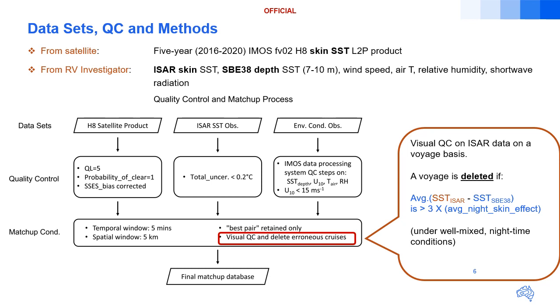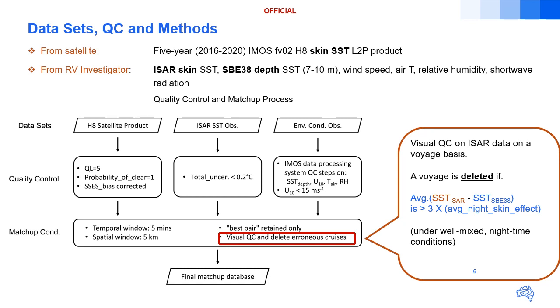All the other datasets are from Research Vessel Investigator, including the ISAR skin SST. Now the ISAR SST measures skin SST at the same depth as the infrared radiometer on board the satellite. So it's going to be the basic ground truth dataset in this study.